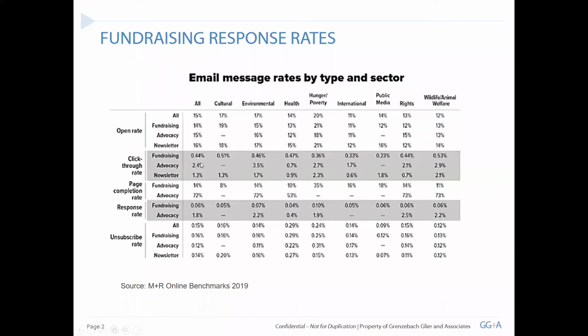And across the nonprofit sector, it's really low, 14%, which means that fewer than 1 in 5 visitors to a fundraising donation page actually complete the gift. And there may be all kinds of reasons for that, but a lot of it is to do with poorly optimized donation pages and poorly optimized in particular for mobile.